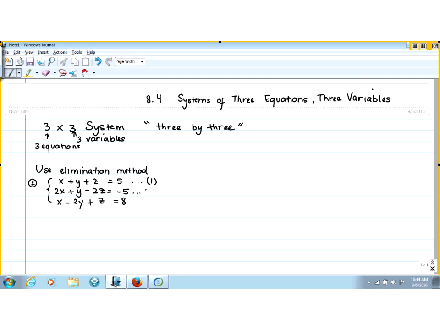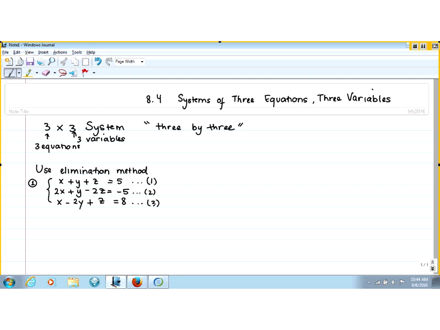It's really important to label these equations because later on we will have more equations. Okay, so labeling is important. What are we trying to do? This is the partial goal.